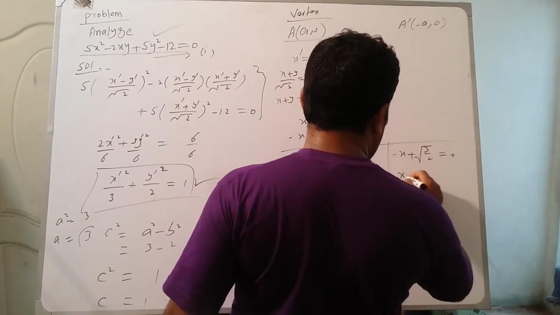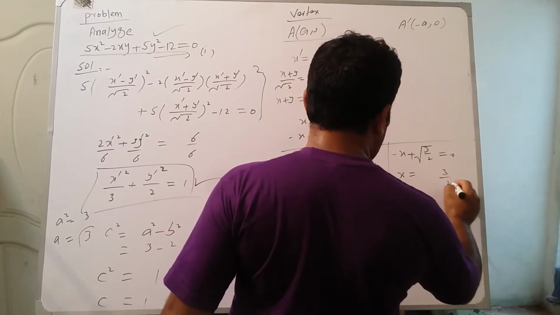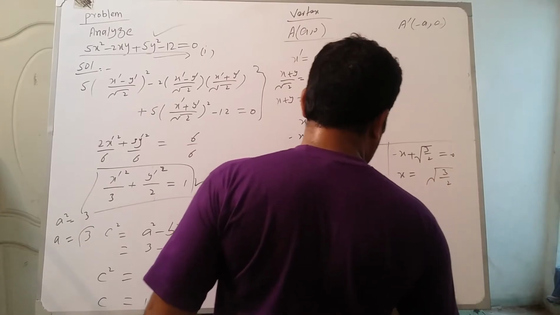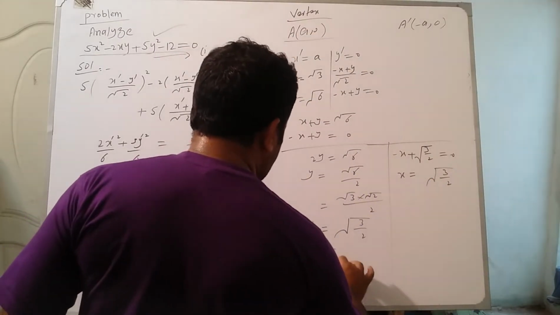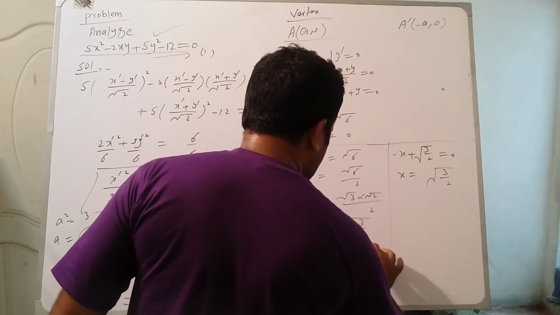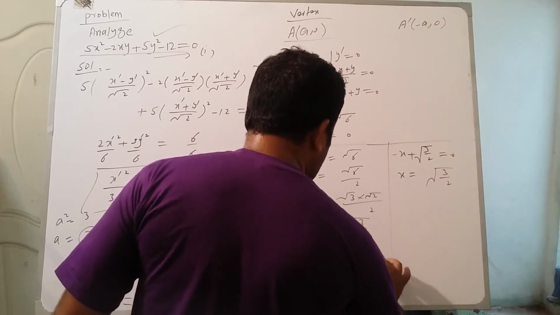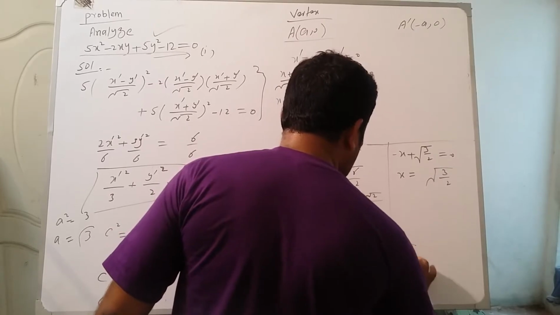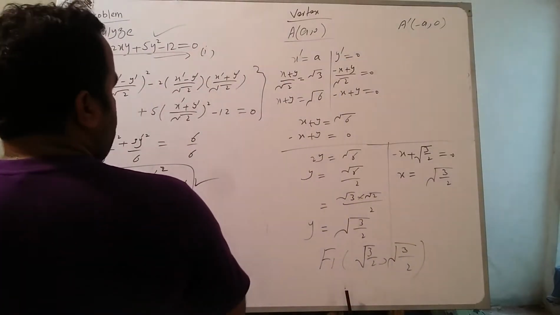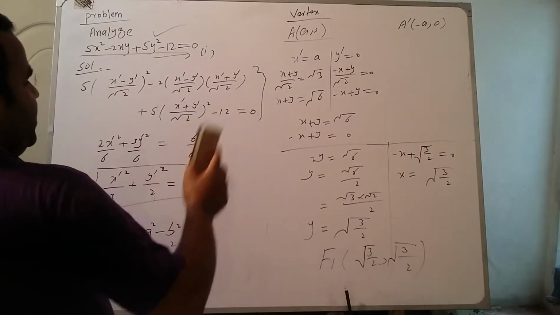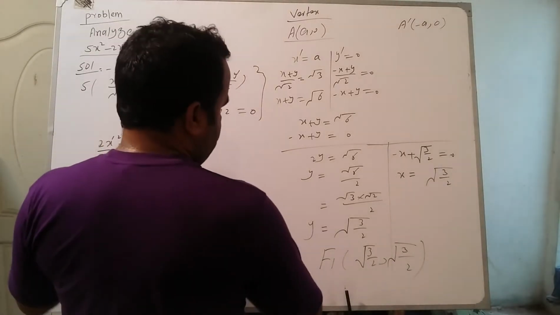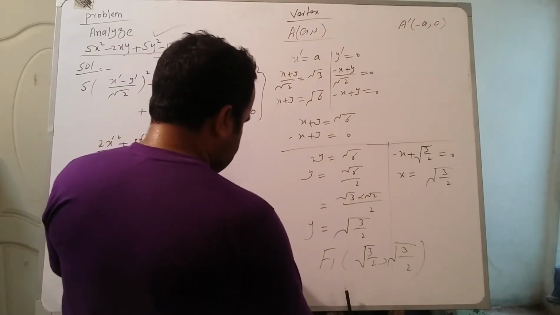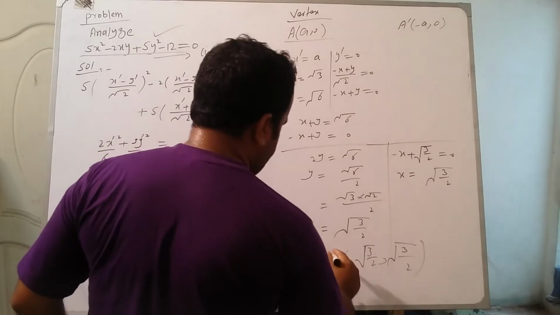This means x is equal to 3 over root 2. So our A is (3 over root 2, 3 over root 2). This is not f1, this is A.